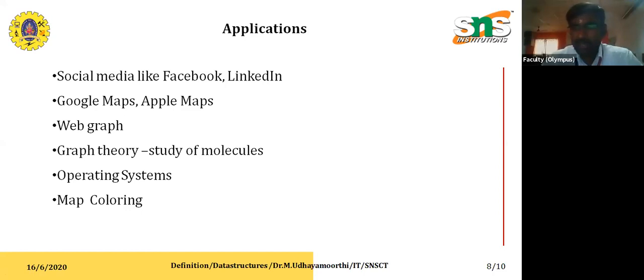The next one is graph theory. Where is graph theory mainly used? It is used in the medical field for finding or identifying molecules, or the movement of molecules. Sometimes the graph theory concept is also used for mathematical purposes, to solve some theorems and corollaries.